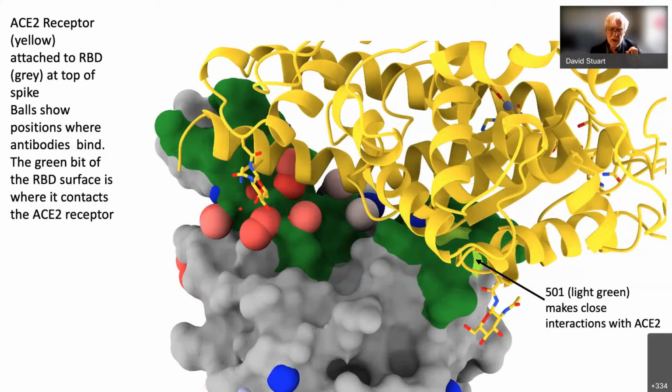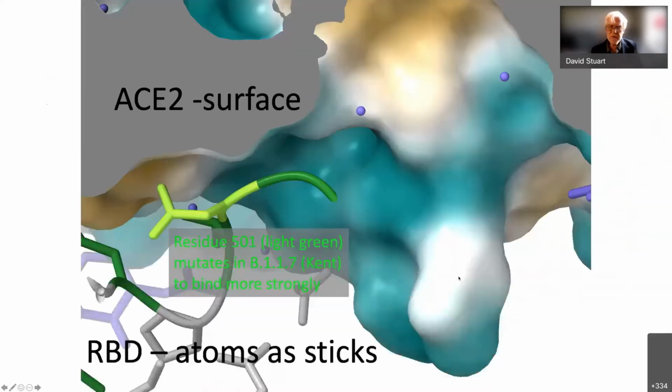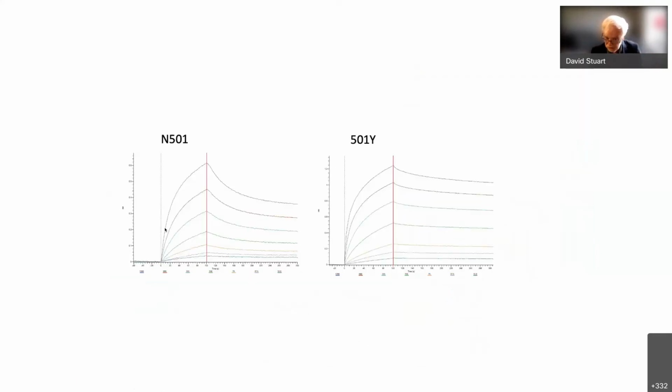And this is just to show the close interactions of ACE2, particularly here with the 501 mutation. And if you look at the surface where ACE2 interacts, this is the wild type. In alpha, beta, and gamma variants, this residue is mutated to a tyrosine, and then makes very good stacking interactions with the ACE2.